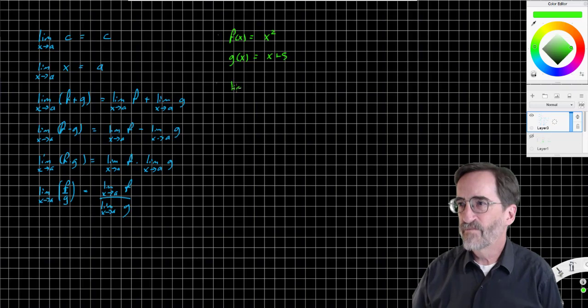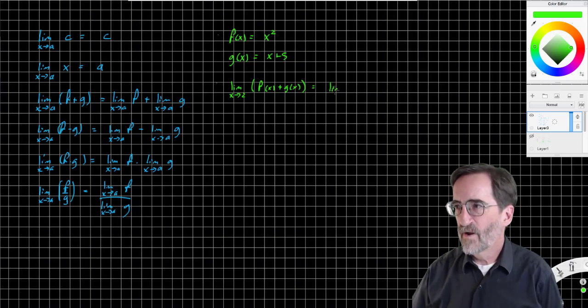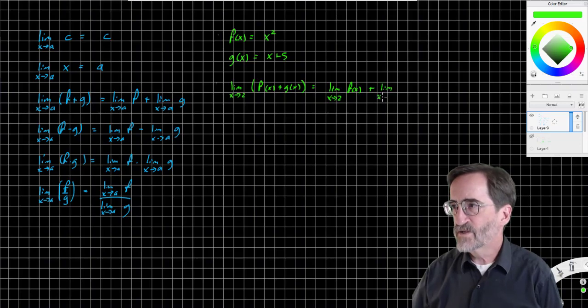Then the limit as x approaches 2 of f plus g is the limit as x approaches 2 of f of x plus the limit as x approaches 2 of g of x, which is the limit as x approaches 2 of x squared plus the limit as x approaches 2 of x plus 5.